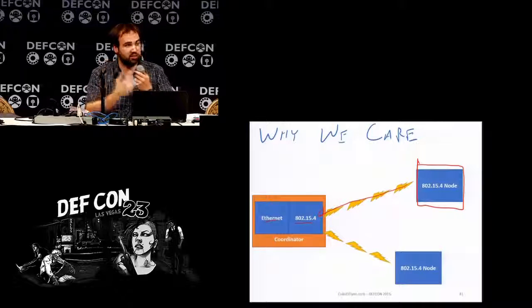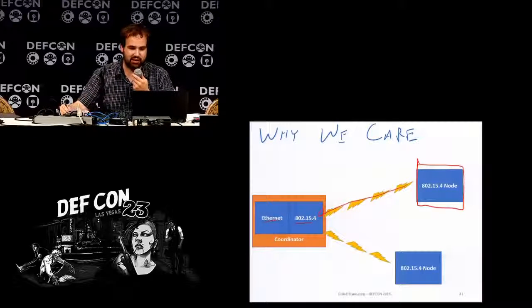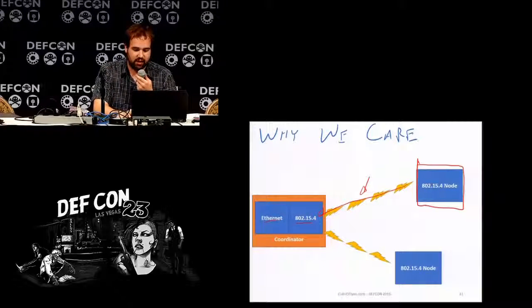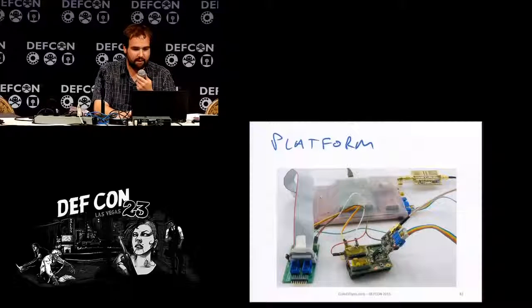These messages will appear to be signed correctly, so the coordinator will process them. If you did not have the encryption key on this link, since 802.15.4 has AES-128 encryption, it's just going to throw them away right away. So what we want to do is recover that key so we're able to send messages to the coordinator as if we were that node, be it for fuzzing or something else you want to do.